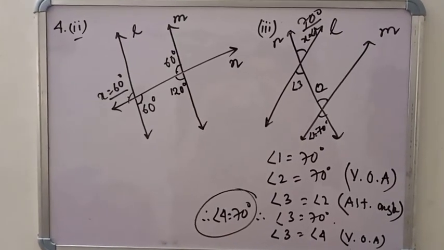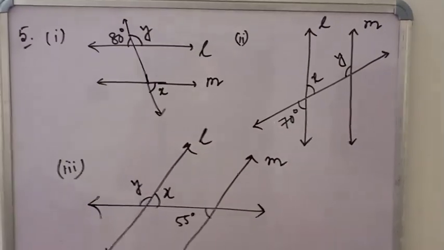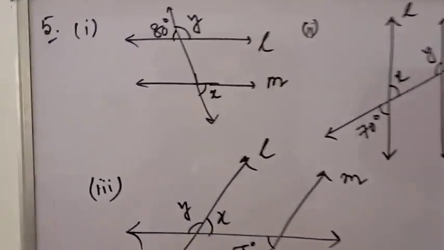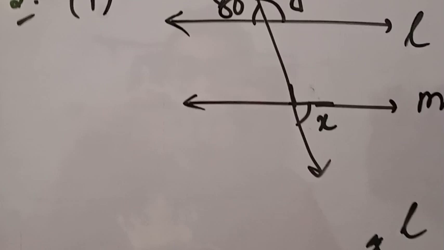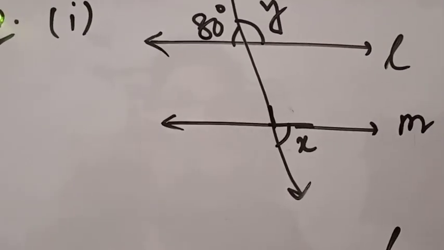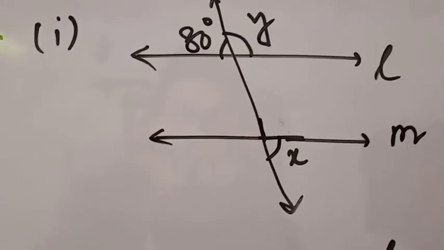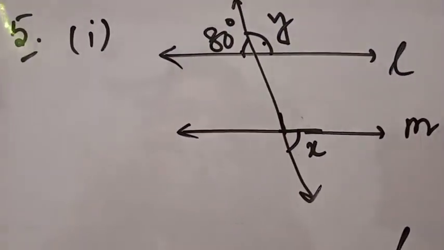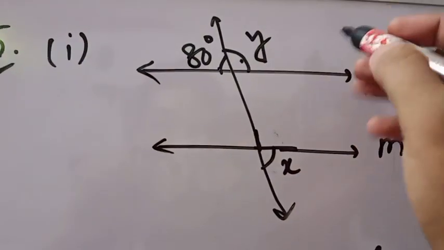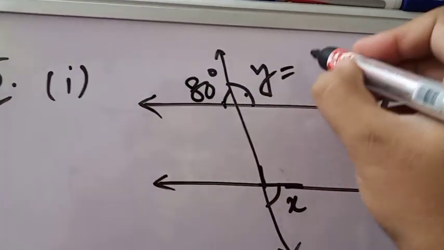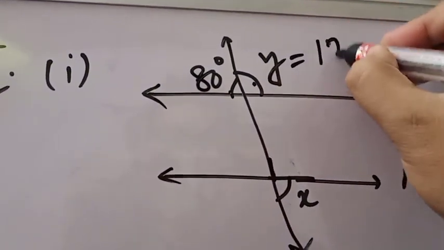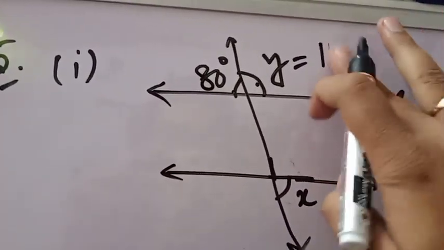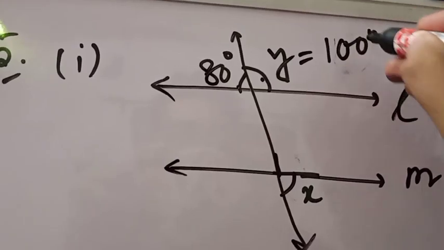Now go to the next. Now in 5A 1, 2, 3, see that in number 1 figure, this angle is given 80. You have to find y and x. See that this angle and this angle are in linear pair. So we can write here y equals 100. Why 100? Because 180 minus 80.